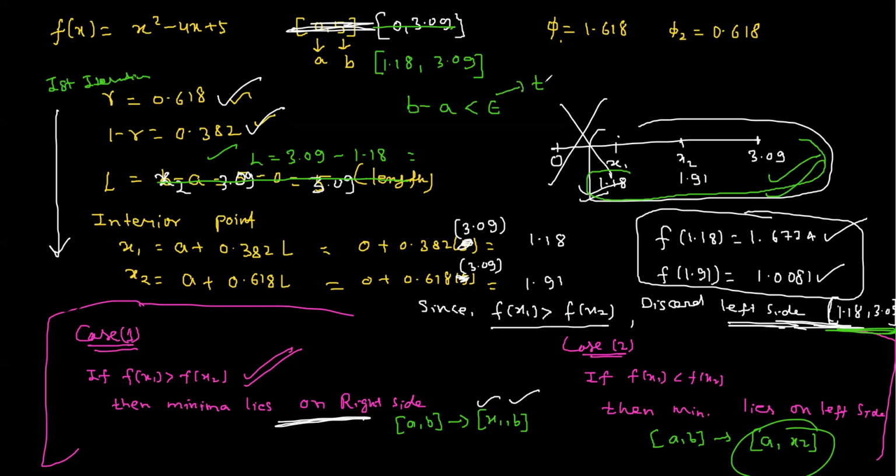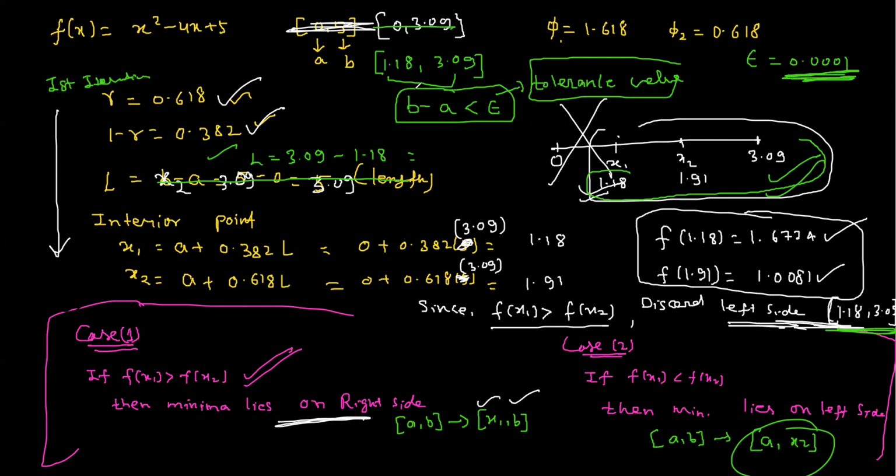Epsilon is called the tolerance value. Sometimes in the question the value of epsilon is already given. Let's suppose epsilon is 0.0001. So when you subtract b minus a, if you are getting 0.0001, then you can stop there. Otherwise, repeat the iteration until this is satisfied. Okay?